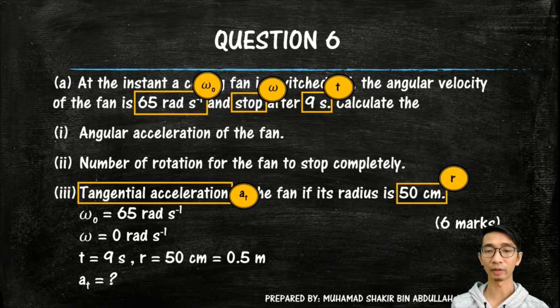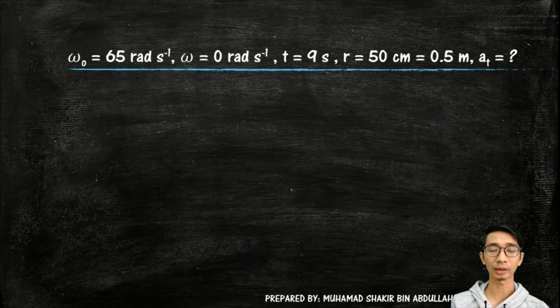Since you are given 50 centimeter, I already converted it for you into SI unit, which is R equal to 0.5 meter. So what is the equation for tangential acceleration? AT equals R alpha, so it is related to angular acceleration. Don't get confused with centripetal acceleration, because the formula for centripetal acceleration is AC equals V squared over R. This one is AT equals R alpha.